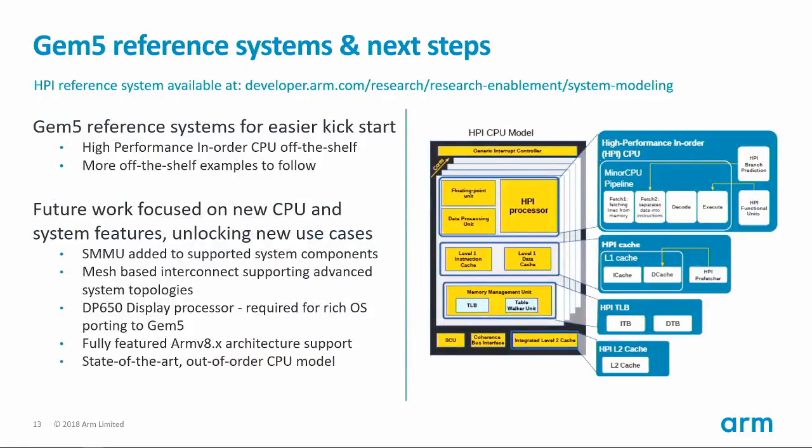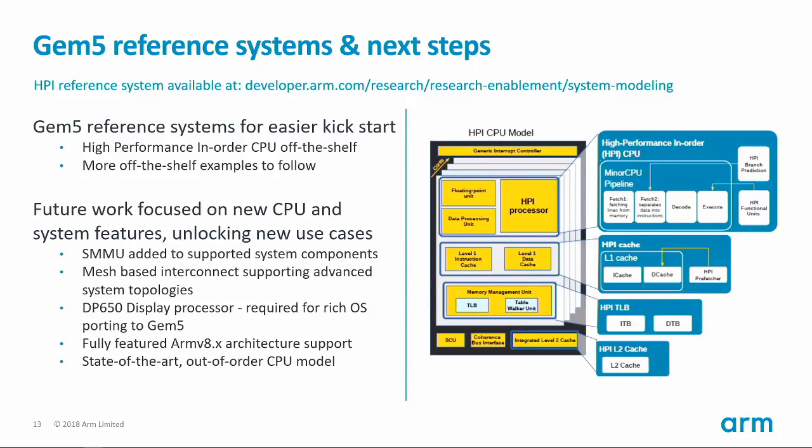It has an in-order CPU along with all the right interconnects, infrastructure, and software. And we are planning to do more of these reference platforms for additional systems in order to make your research based on Gem5 a little bit easier.